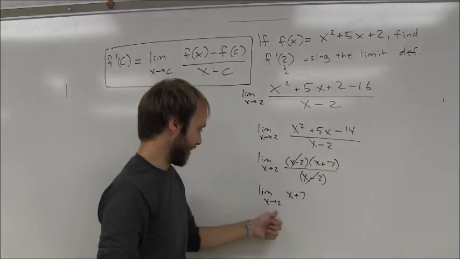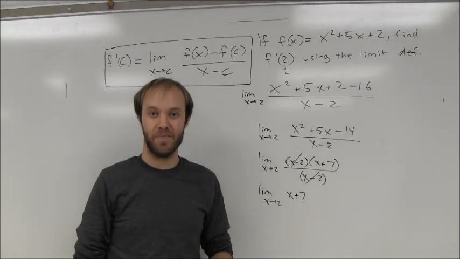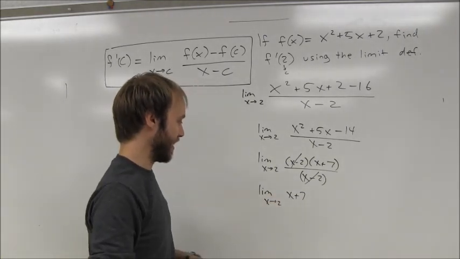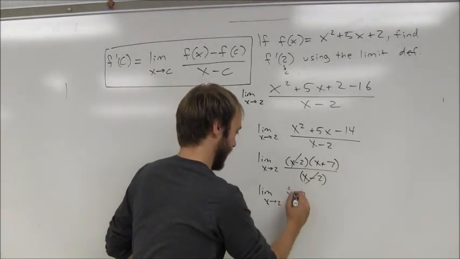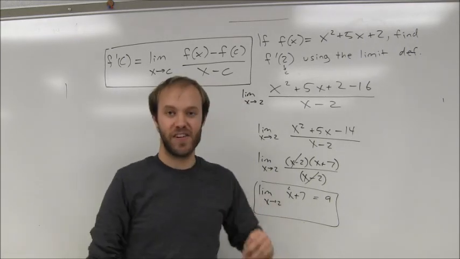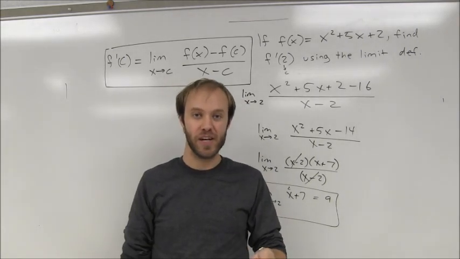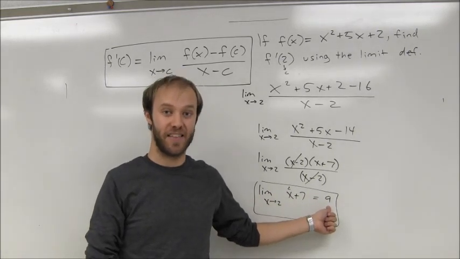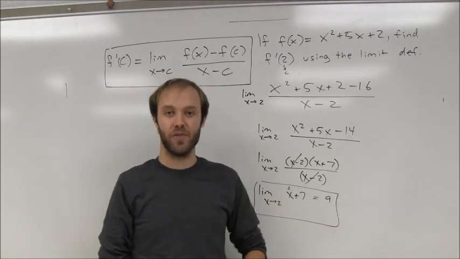We're just finding the limit as x approaches 2 of x plus 7. Very simple at this point. I can substitute 2 in, because this is now defined at x equals 2, and we find out that our limit is equal to 9. So what this is essentially saying, when x is equal to 2, my derivative, my slope of my tangent line at that point, is equal to 9.